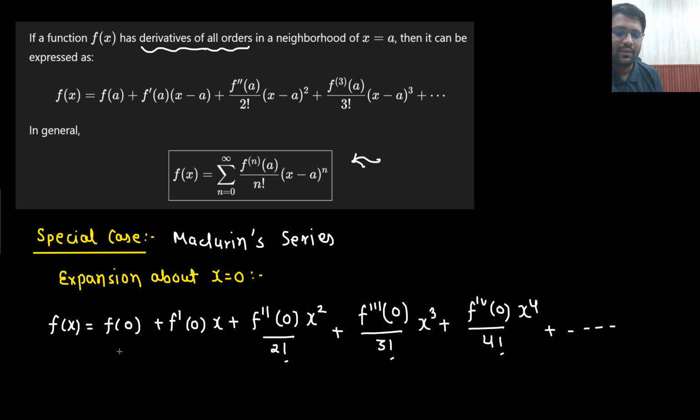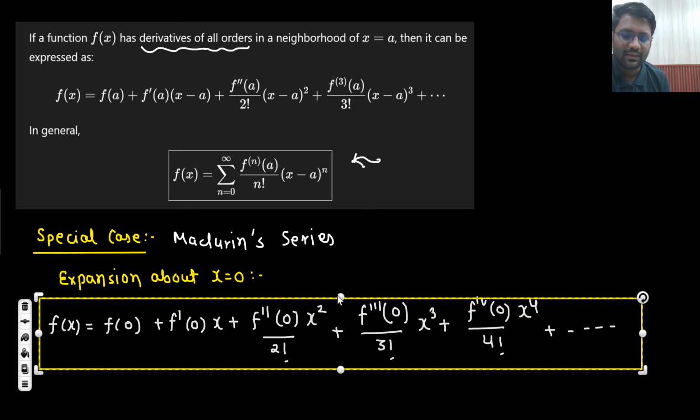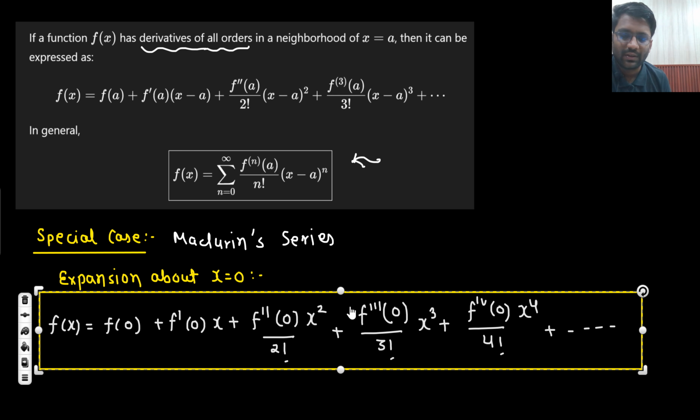Is that clear to you? This is known as Maclaurin series. Understandable? So this is a special case. Mostly we will study the expansion about x equals 0.